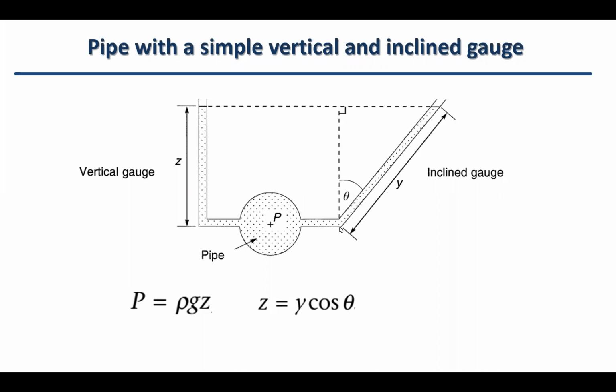The vertical distance is the hypotenuse times the cosine. If the angle to the vertical line is theta, it's hypotenuse y times cosine theta, which is equal to z, the vertical distance. So we can substitute the z in the left-hand side formula and calculate the pressure.